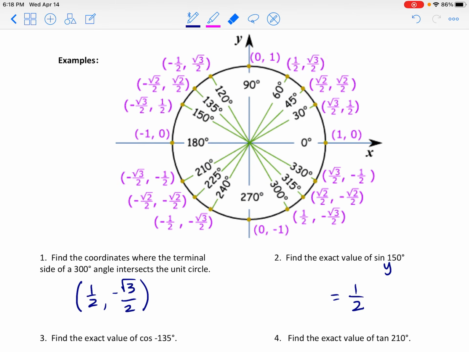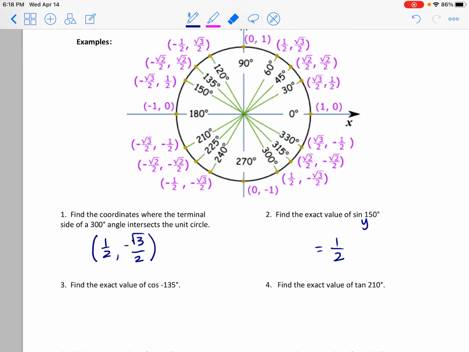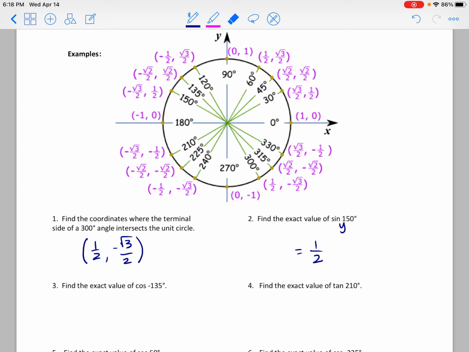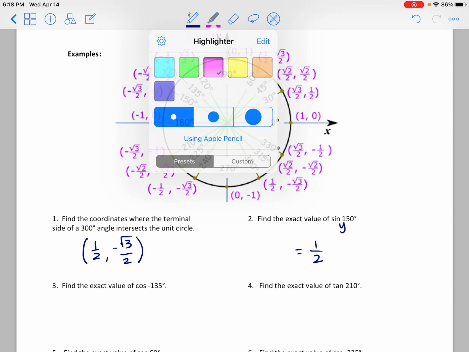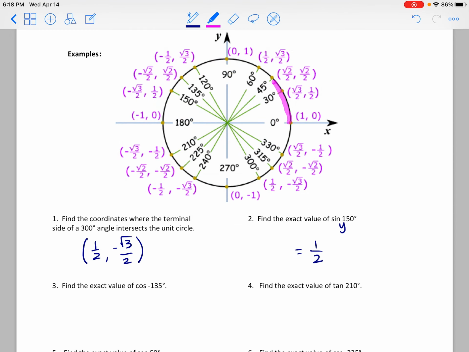Okay, not so bad. The cosine for 135, or negative 135, let's find that first. So cosine of positive 135 would be here. Negative would go the same distance, the opposite direction. So negative 135 is going to be right there.